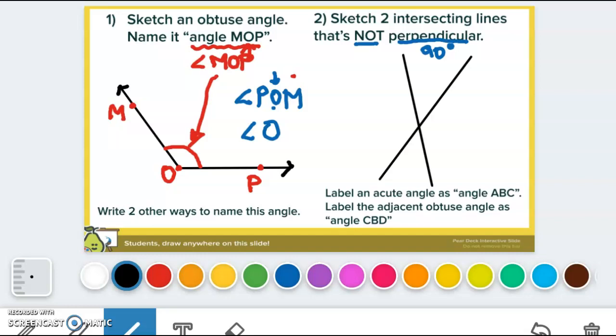Now label an acute angle as angle ABC. So what is the middle letter? It's B. That should be a clue to you that the vertex has to be B. Now can you tell which is the acute angle? Well, here is an acute angle and here is another acute angle. They're both acute angles. The other angles are obtuse because they are greater than 90 degrees.